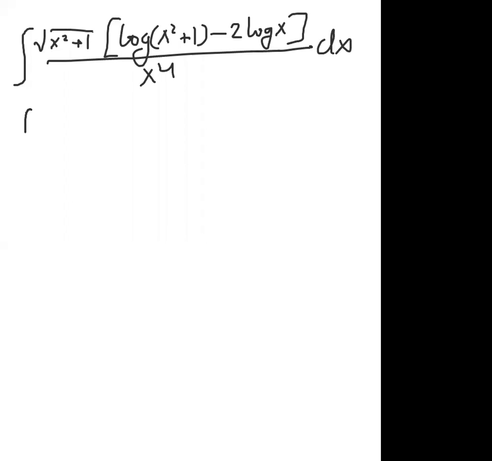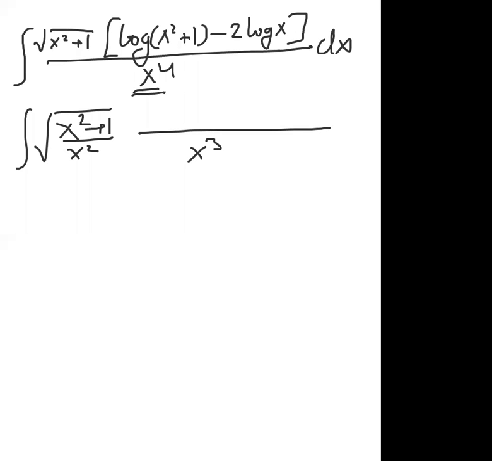So first of all, integral under root x square plus 1 upon x square. From this x to the power 4, 1 power went out, so x cube is still left. In the root, x will become x square. Now it will be log x square plus 1 minus log x square dx.